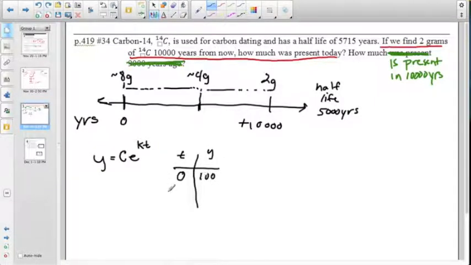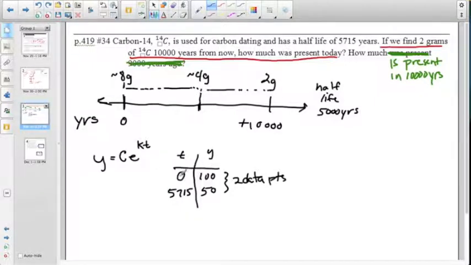And at the end of 1 half-life then, so at 5,715 years, we should be at half that many, or 50 grams. And so this gives us our 2 data points in order to determine the values for C and k.